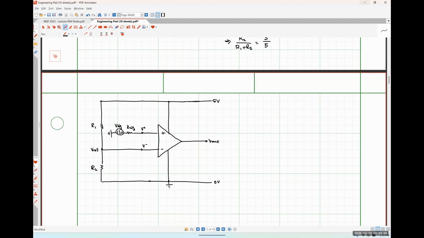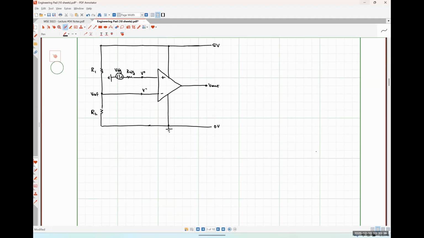So I'm going to use the practical op-amp model and redraw just the input side of this circuit. Okay. The output side is well defined, so I'm not going to worry about that too much.